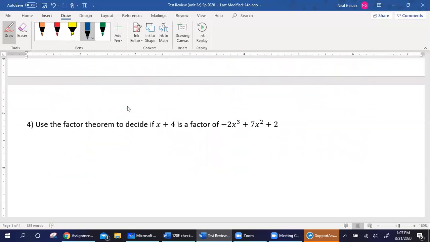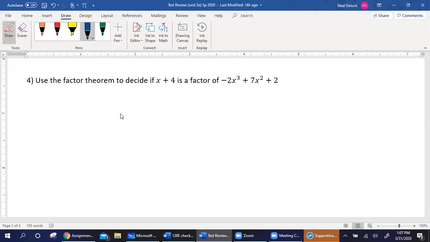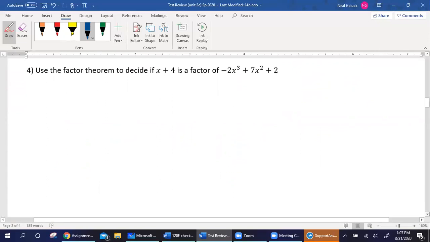Basically the same concept on number 4, except that we're taking it one step further. We're going to use the factor theorem, which basically says if it gives me 0 for a remainder, then it's a factor. So remember now on this one, though, it's giving me the actual linear divisor, which is x plus 4.